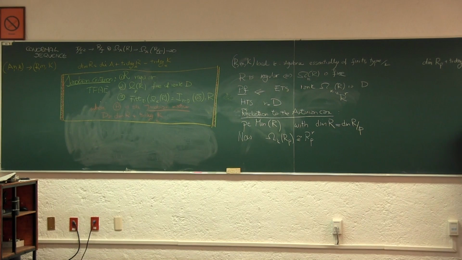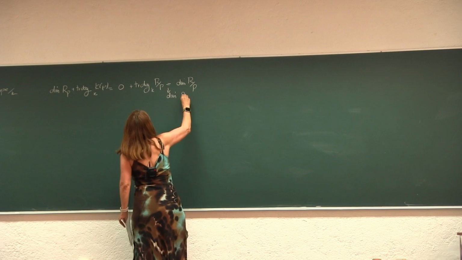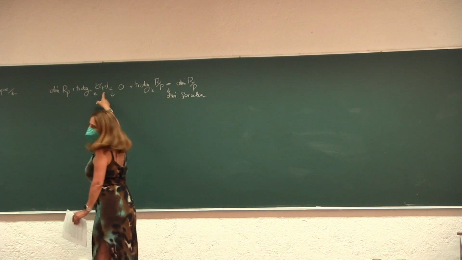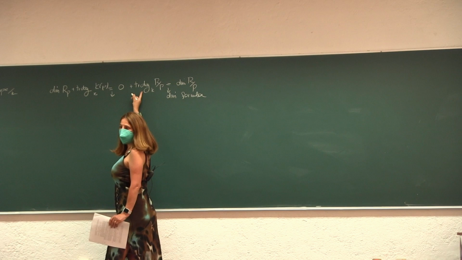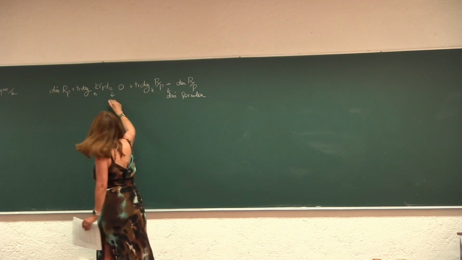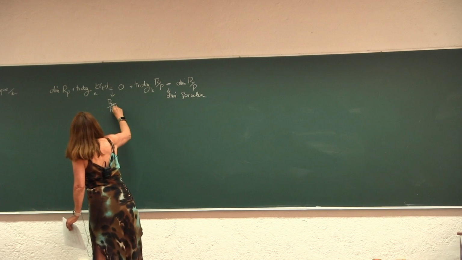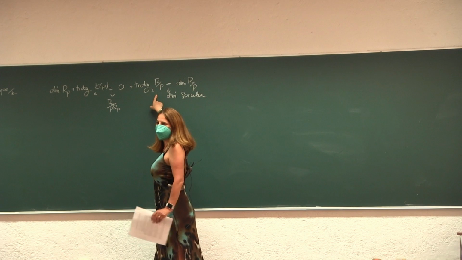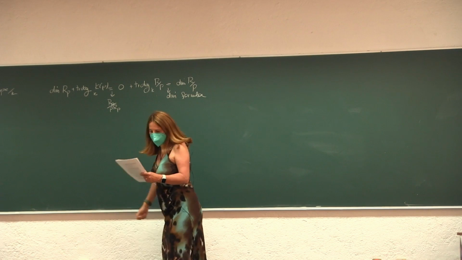And then this is the same as the transcendence degree of R_P over K, and this is the dimension of R modulo P. Now I use the dimension formula. If you don't see why this is true, this is an easy fact. Computing the residue field of R_P: what is the residue field of R_P? It is R localized at P, modulo P. Now this is exactly the transcendence degree of R_P, because this is the same as the quotient field. Is this clear?